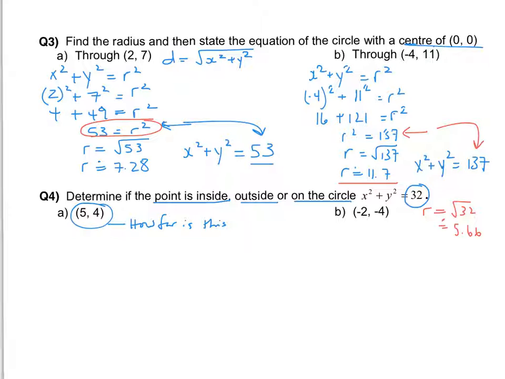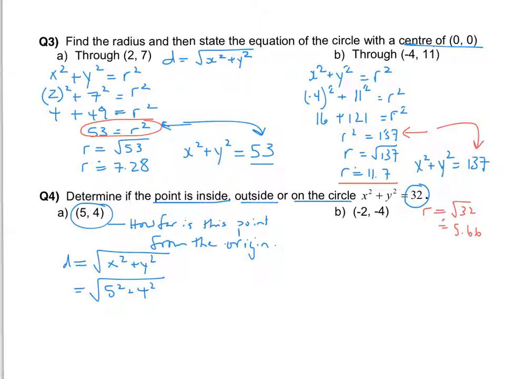So how far is this point from the origin? Now we know how to figure that out. We know that its distance would be equal to the square root of x squared plus y squared. So that would be the square root of 5 squared plus 4 squared.